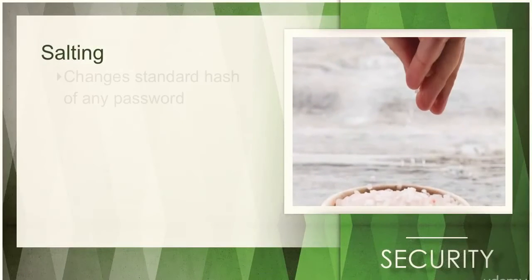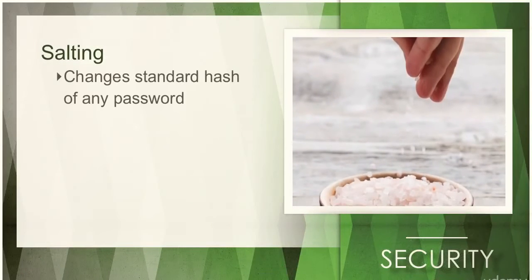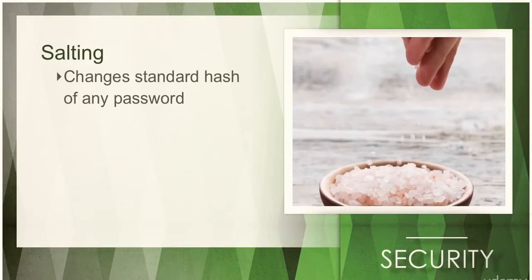Now, salting is a method that can be used to change the standard hash of any password to something unique. You can make common passwords that are identical have a different hash by adding an additional value to the hash when encrypting it. A common example would be to add a 12-bit salt value, which would increase the search space of an MD5 hash by 4096 values.